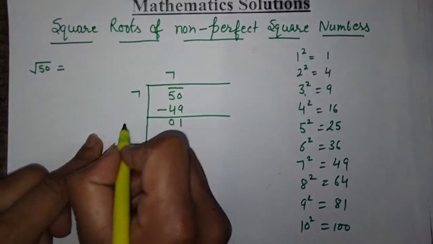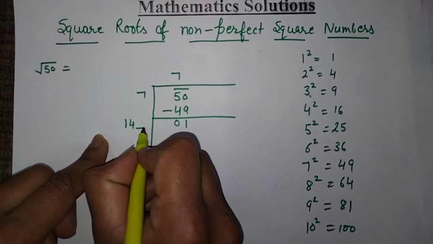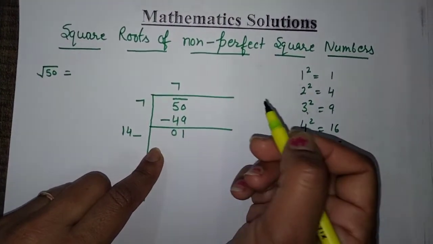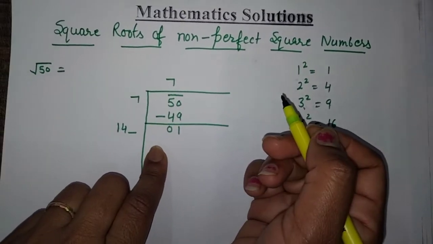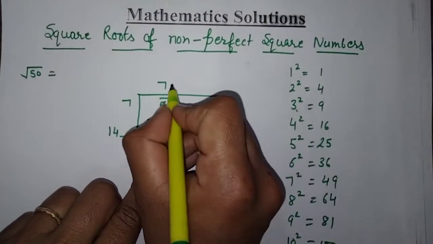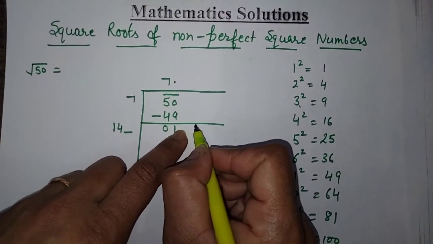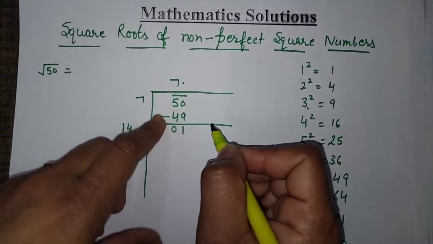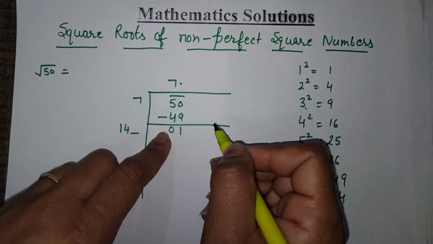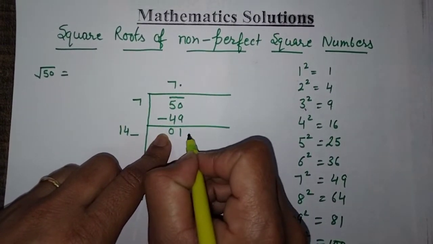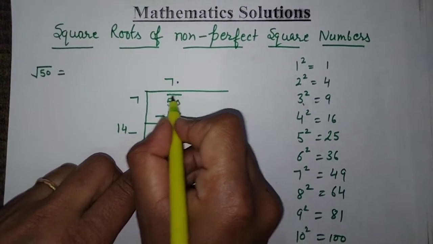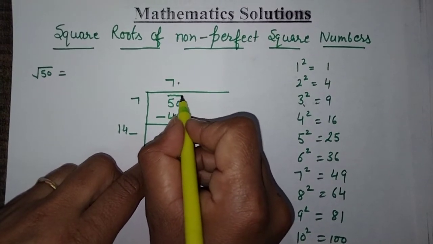Now add this number and write it here and put a blank here. You know that in normal division, when we place the decimal here, we write the 0 below. But in the long division method, we need a couple of zeros here because we need numbers in pairs.